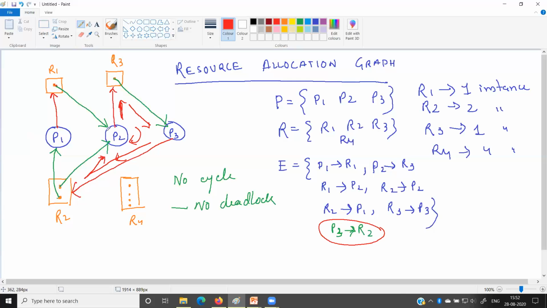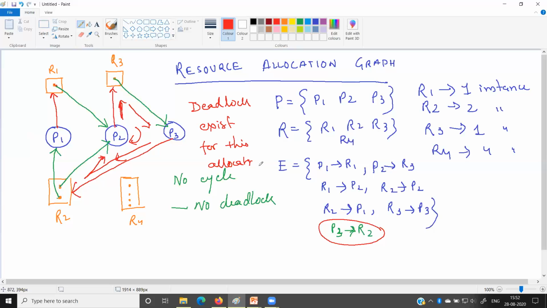Okay, so in the previous example, there was no deadlock as there was no cycle, but in this case a cycle is there. So we can say that deadlock exists for this allocation.